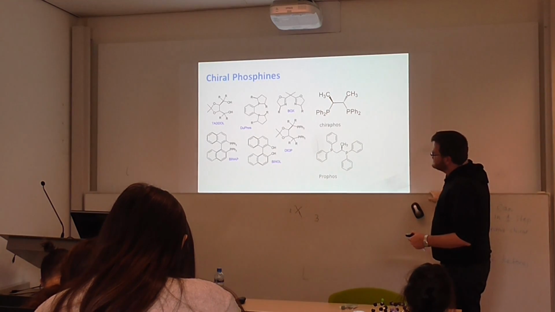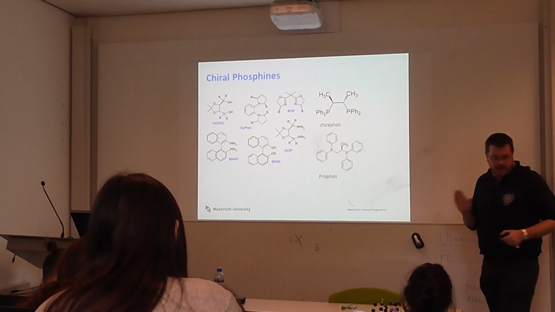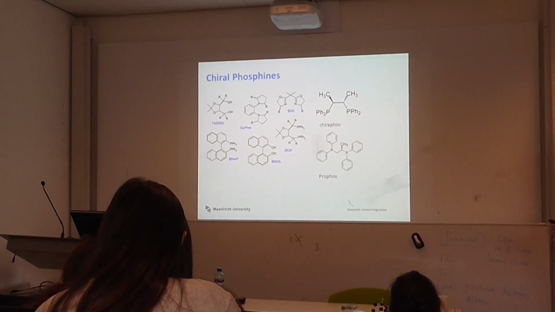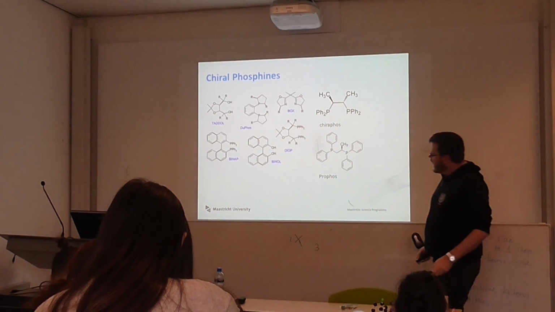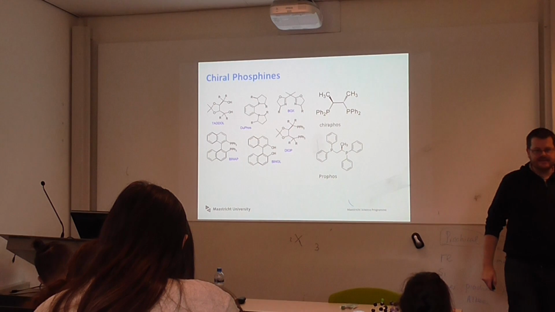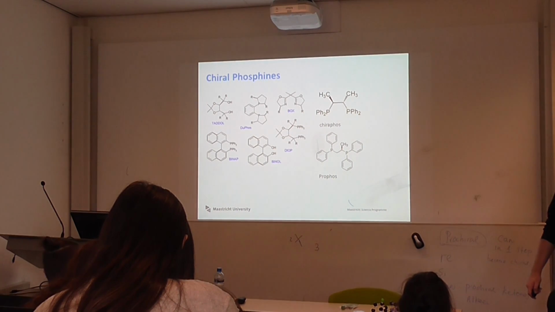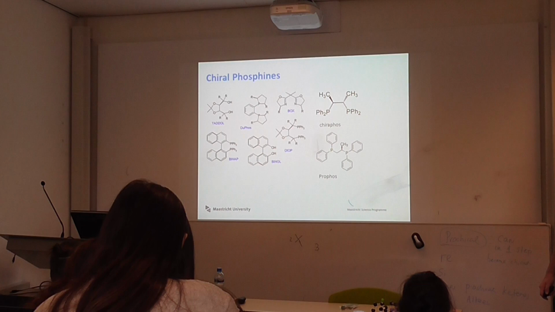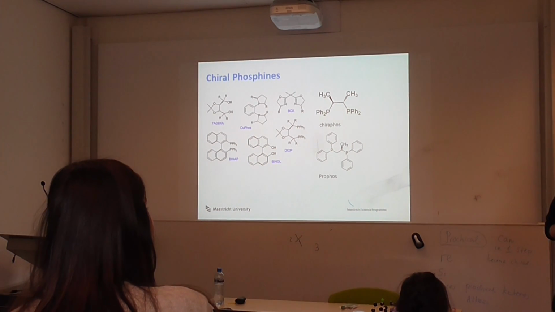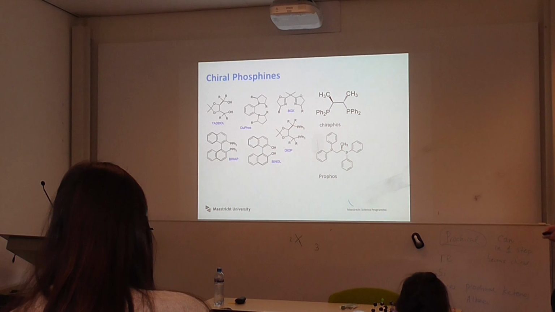Now, let's get back to this business of asymmetric hydrogenation. Knowles demonstrated in the late 60s that it's possible to do this. And from that time, there's been a whole plethora of asymmetric phosphines made that, when coordinated to a rhodium system, will impart, for better or worse, some sort of stereo control in the hydrogenation reaction.